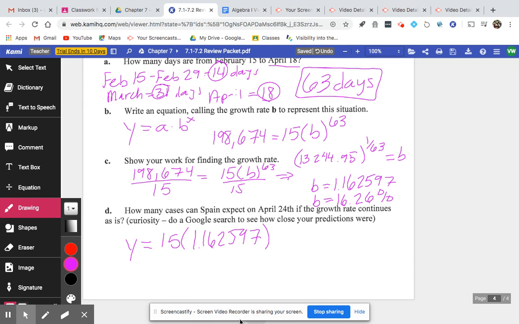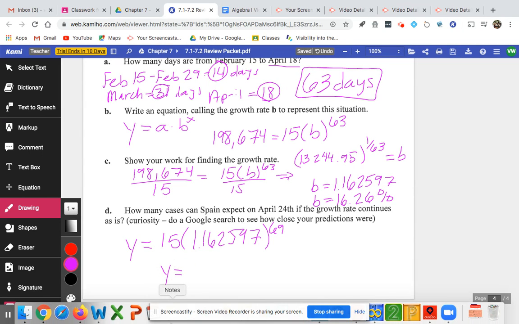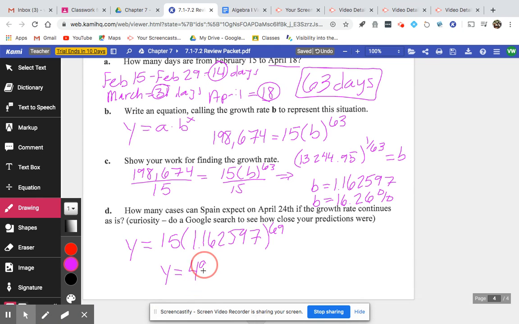April 24th after 18, 19, 20, 21, 22, 23, 24. So that means I need to add 6 days, which means I would need to go to the 69th power. So here, got y equals roughly 490,588 cases.